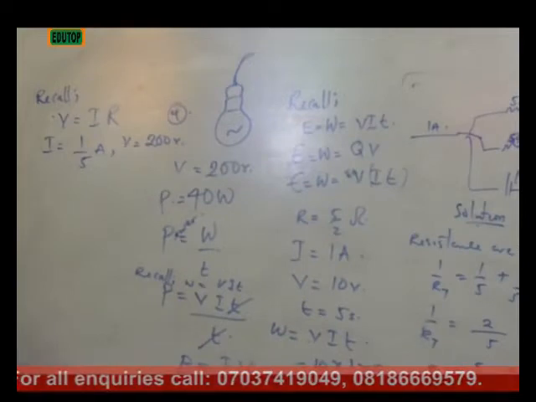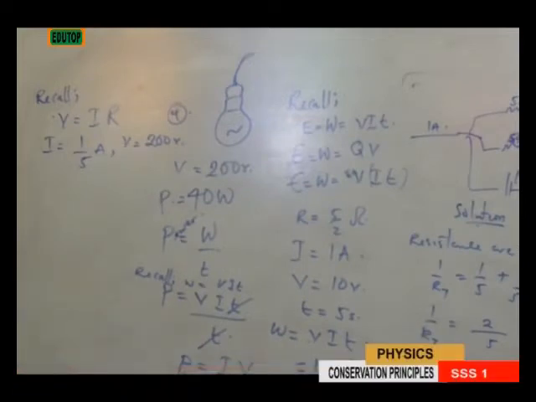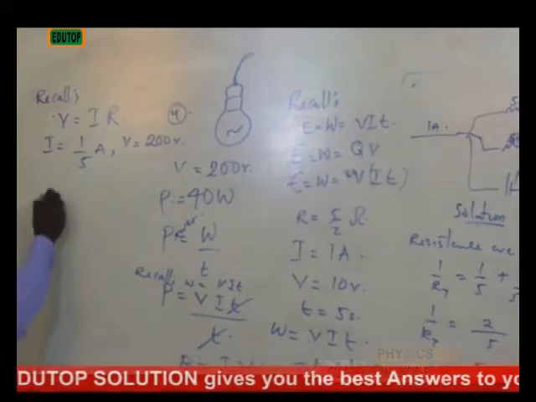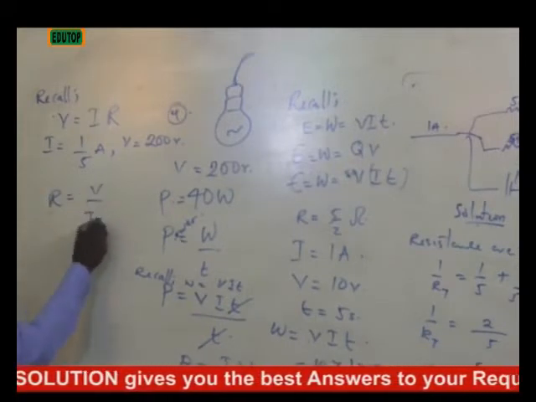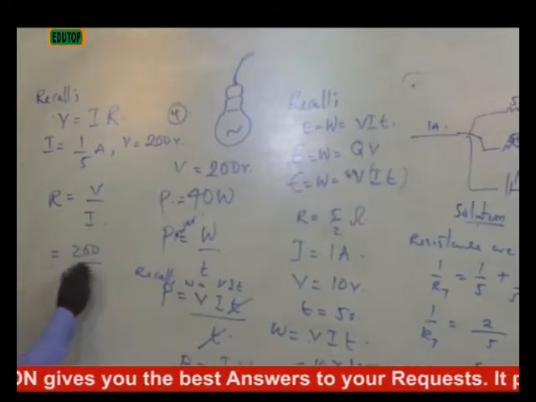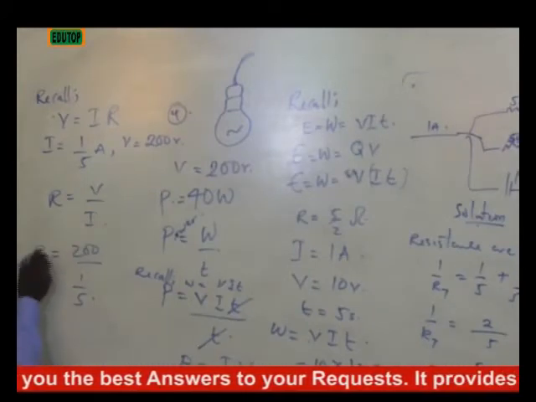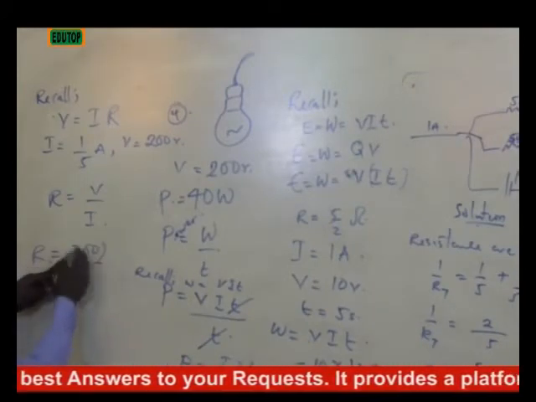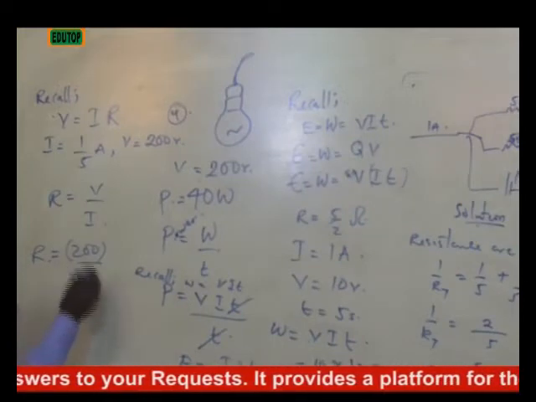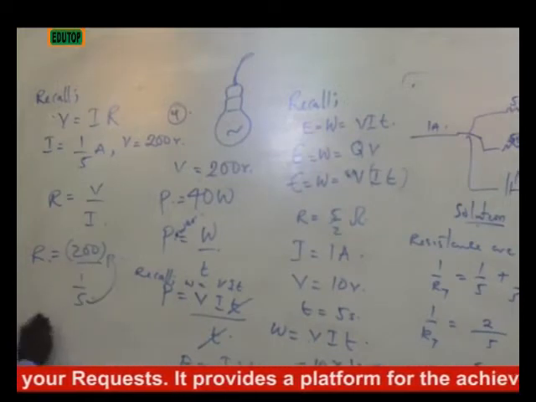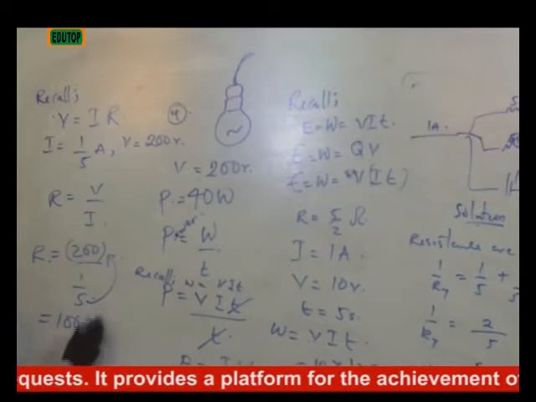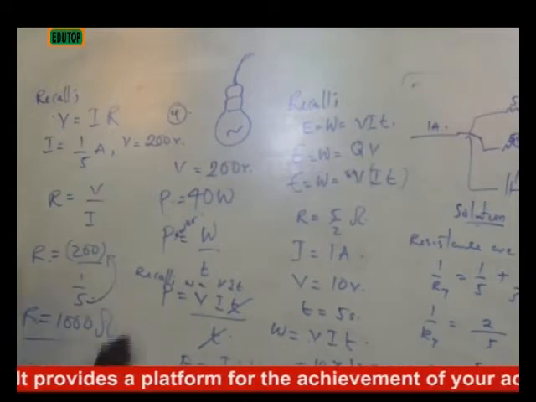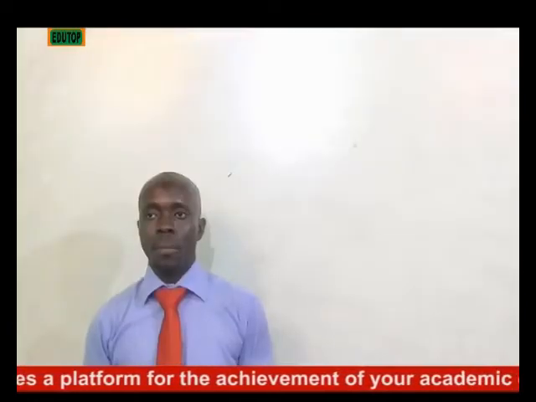From there I can now say my resistance is V over I. So my V is 200. My I is 1 over 5. Are you seeing it? So when this comes here, it will now become 1000 ohms. So that will be my resistance.